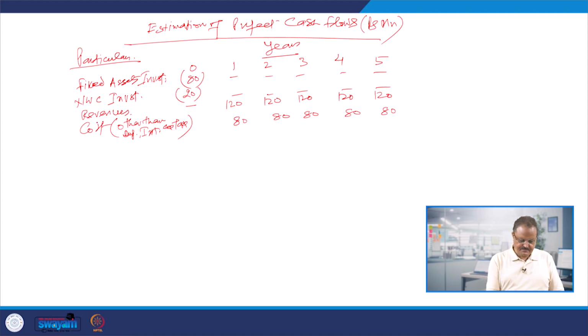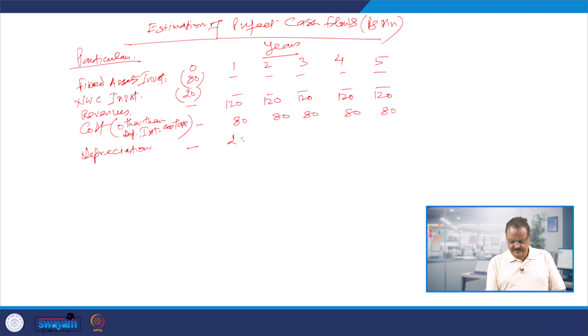So, this is the cost part, and the next thing we are going to take is the depreciation. Depreciation is going to be how much? Nothing here and nothing here. So depreciation is given to us already.